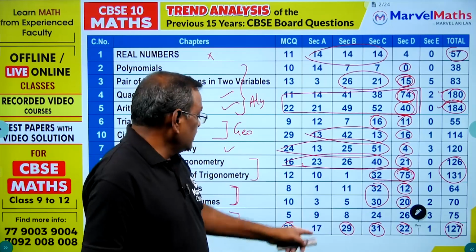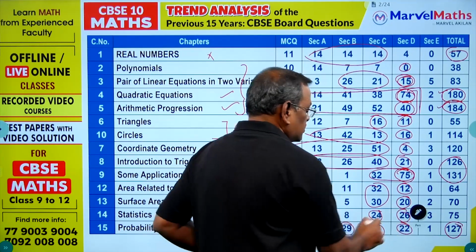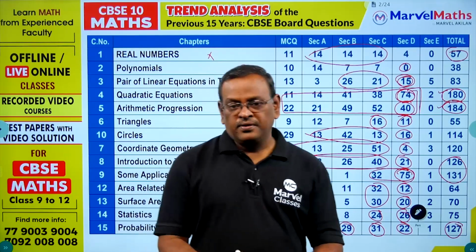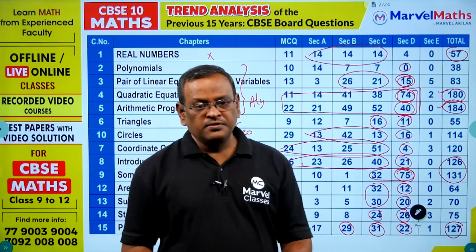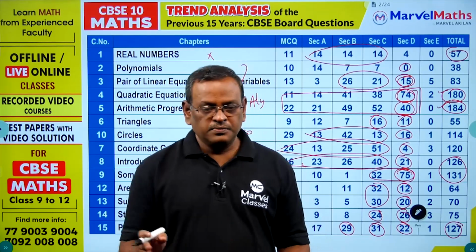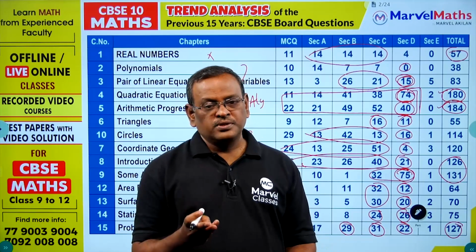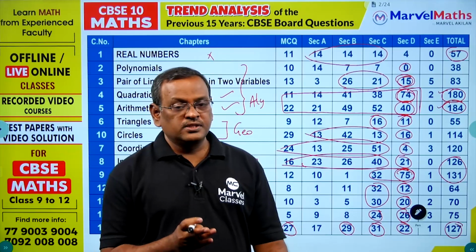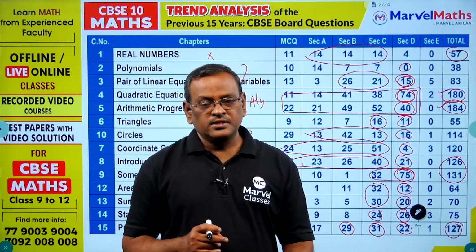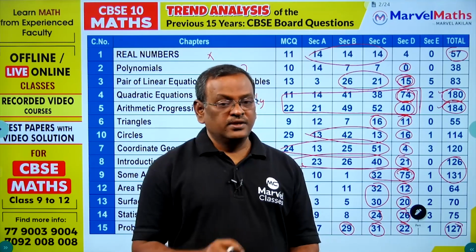And in statistics, there are 3-mark and 5-mark questions. Find one missing frequency for mean, median, mode: 3 different problems. Find 2 missing frequencies for mean, median, mode: 3 types of problems. And find the mean, median, mode for continuous distribution, less than cumulative continuous distribution, more than continuous distribution, and also discontinuous class intervals.